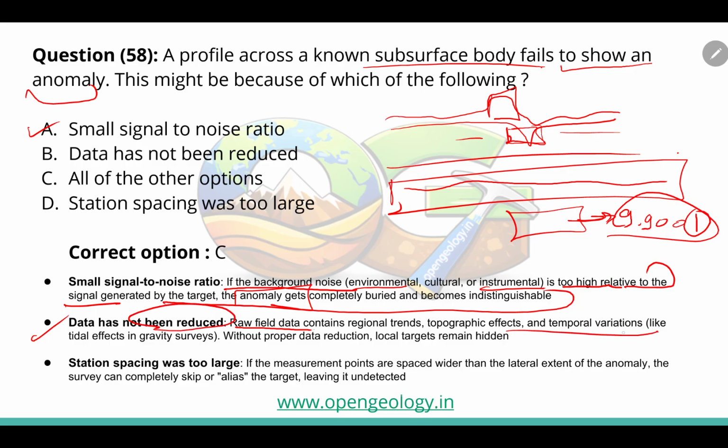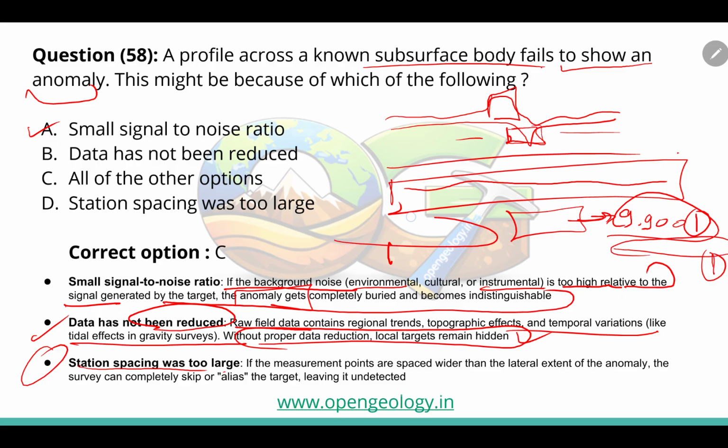So the temporal variations like the tidal effect, we have to correct all of these things to get the perfect anomaly. Another is station spacing was too large. Let's say you are using one station here, another station here, so that means the station will measure all of these areas, so the effect of the anomaly is reduced. So it can also be one of the important causes.